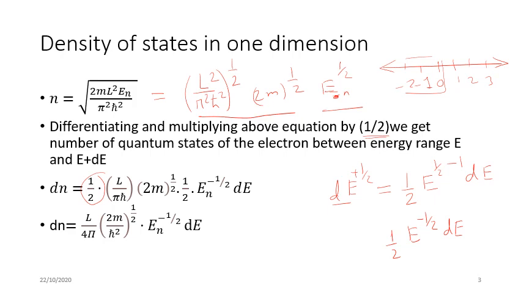This 2 factor I will multiply here with these 2, and I will get L upon, let's say, pi. Sometimes it is good practice to combine the 2m upon h cross square raised to 1 half, because many a time this term is made separate. So we have just rearranged our equation like this, and the right hand side part is as it is.